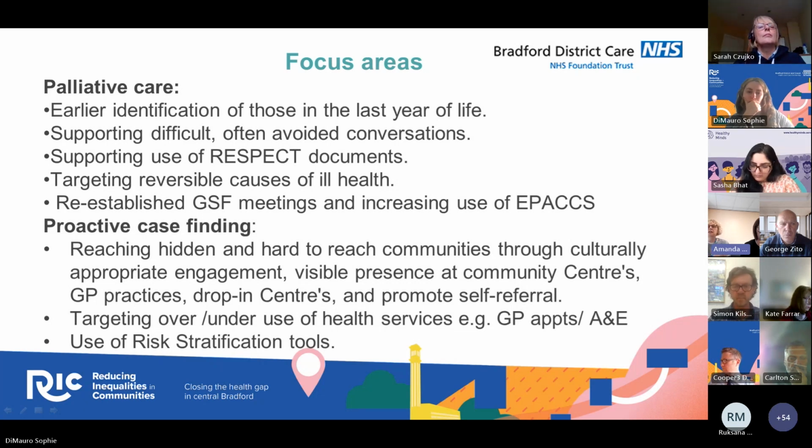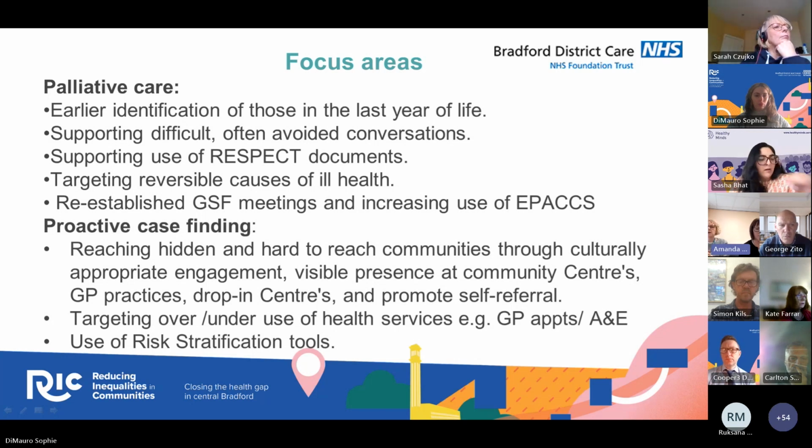We do engagement in communities and community centres, so patients are able to find out about the service and self-refer. We also target A&E and various wards. We link in with our community colleagues within district nursing, the community matron service, and the allied health professionals in order to find patients.